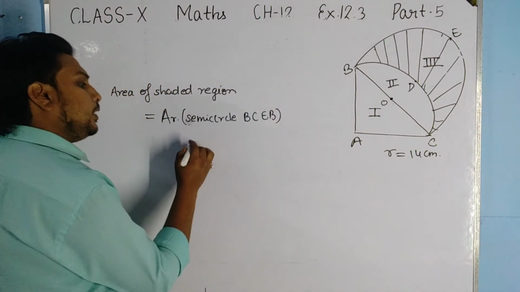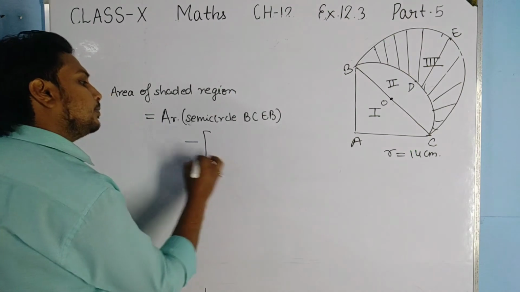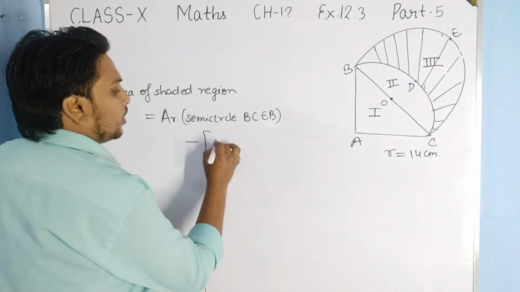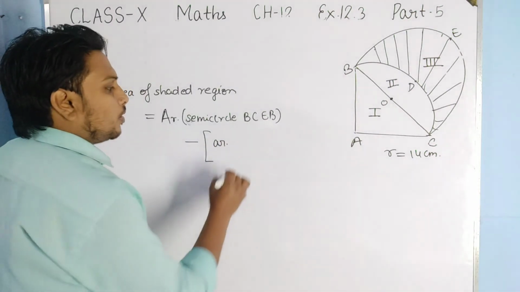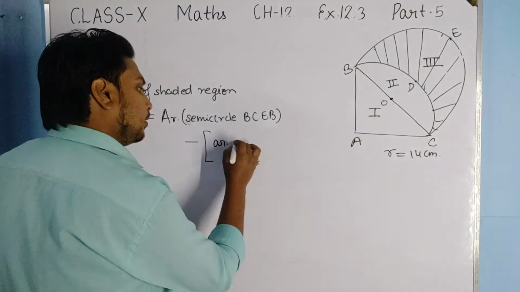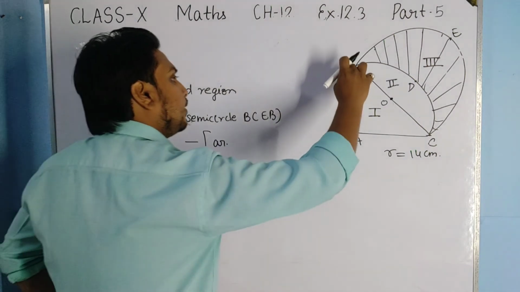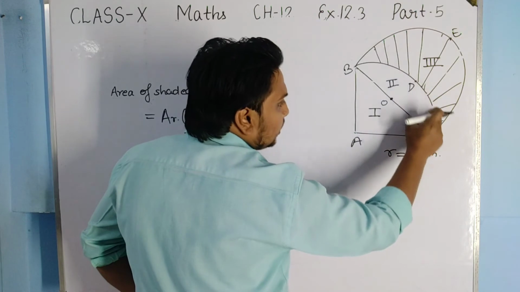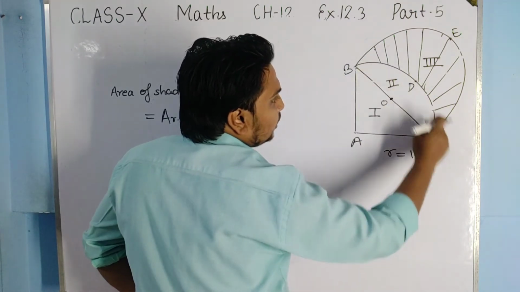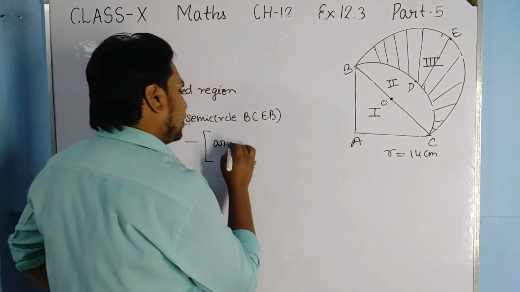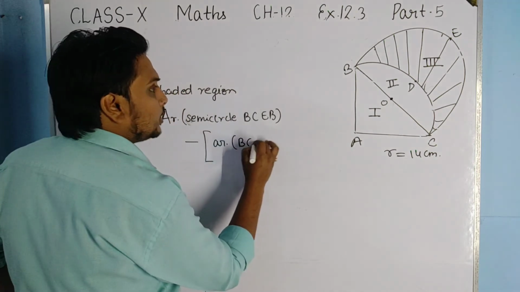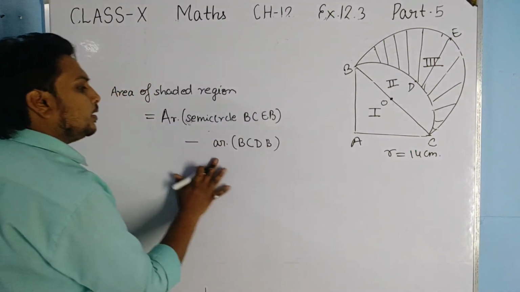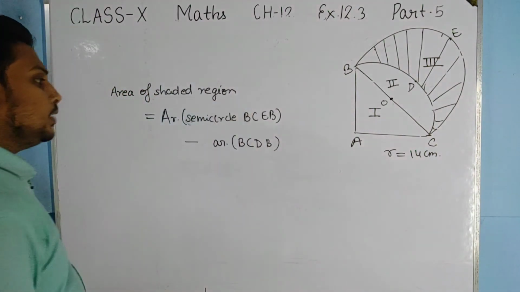And from this area, if we subtract the area of BCDB, then we will get the area of the shaded region.